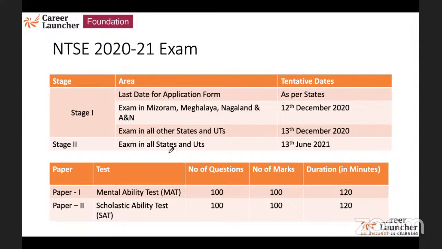Sachin Bandare is saying, sir, don't you think the exam will be postponed? I have no clue, my friend. I am not deciding this at all, so I can't say for sure. In most states, the COVID situation is fine. In places like Delhi, and certain places like Kerala, maybe Karnataka, some of the areas are getting really bad.